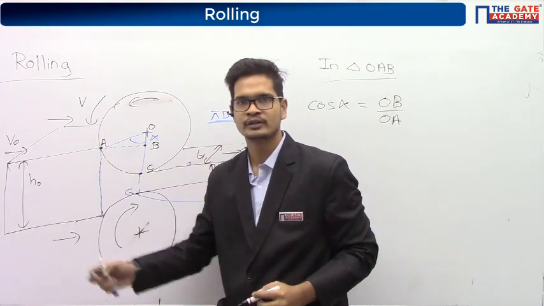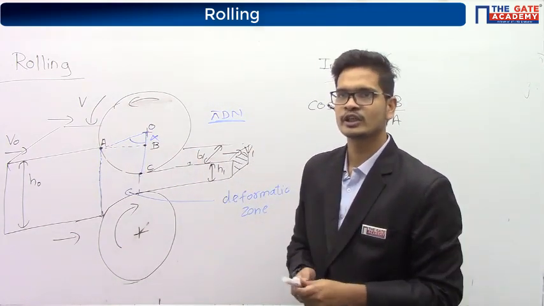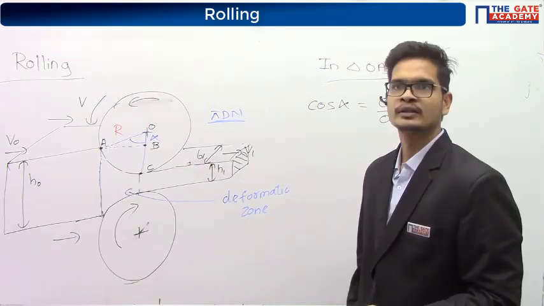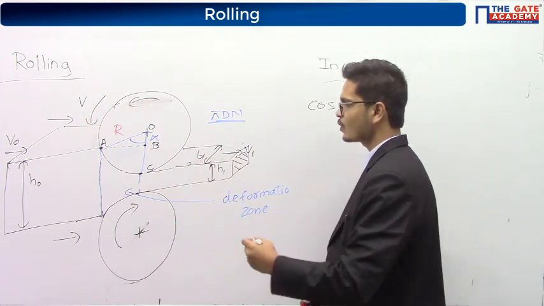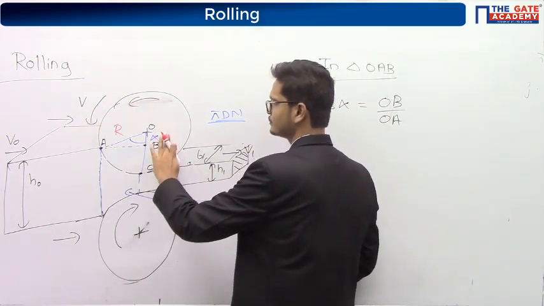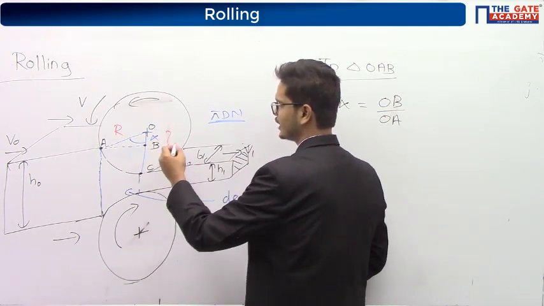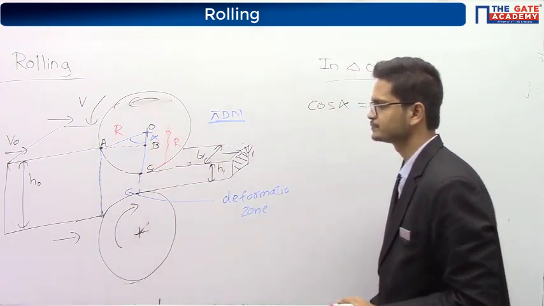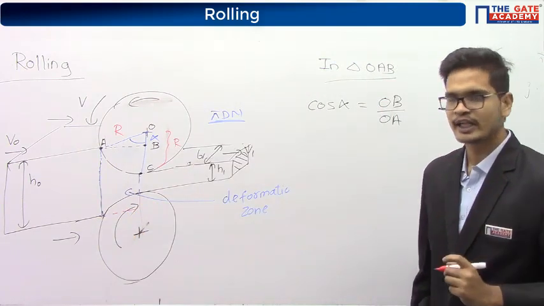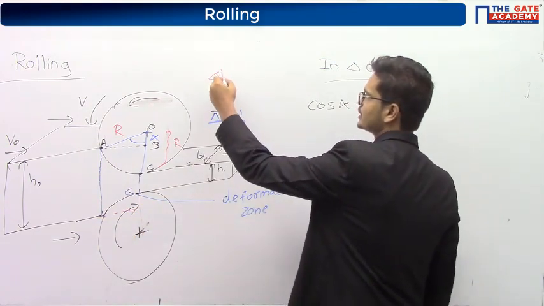Is it the radius of the roller? Similarly, OC is also the radius of the roller. This entire length is the radius of the roller. Now, here we had written something called delta H. What was delta H?